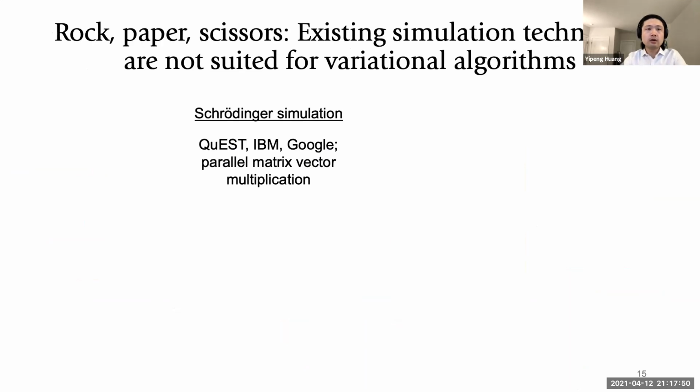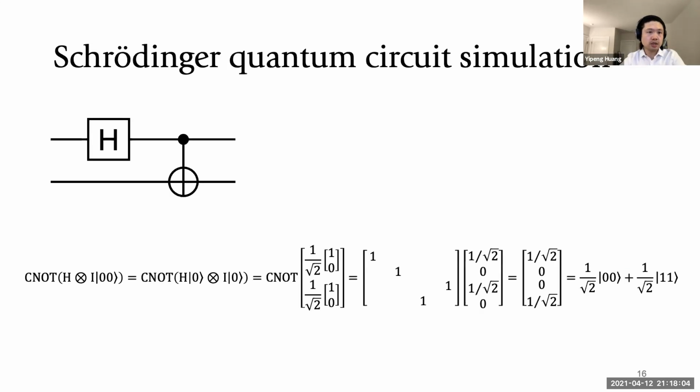And so let's talk about what are the existing quantum circuit simulation techniques. And here we concentrate on two types of simulation techniques. The first style is what's called Schrodinger simulation. And in Schrodinger quantum circuit simulation, the circuit simulation is done in the form of doing matrix vector multiplications, where the vectors represent the quantum states across the qubits of the circuit.